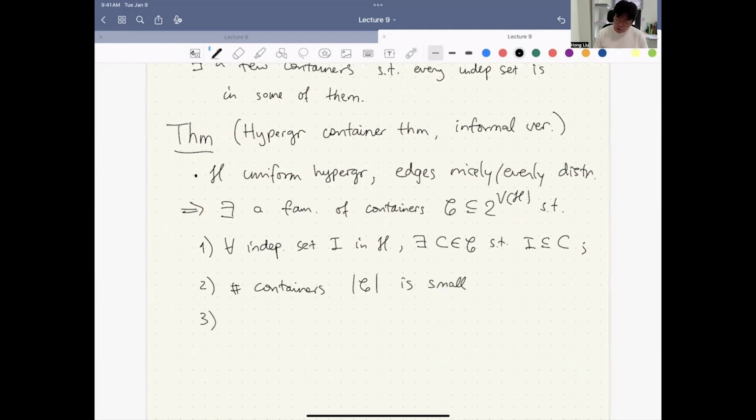Third of all, you don't want to take the whole set of vertices. Each container also has to be small. This is quantified by: each container C in the family is almost independent.